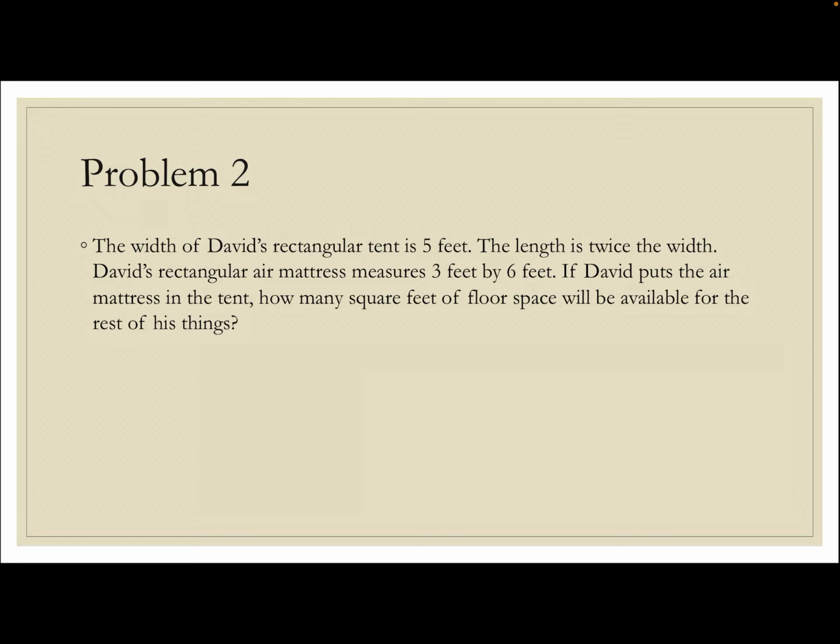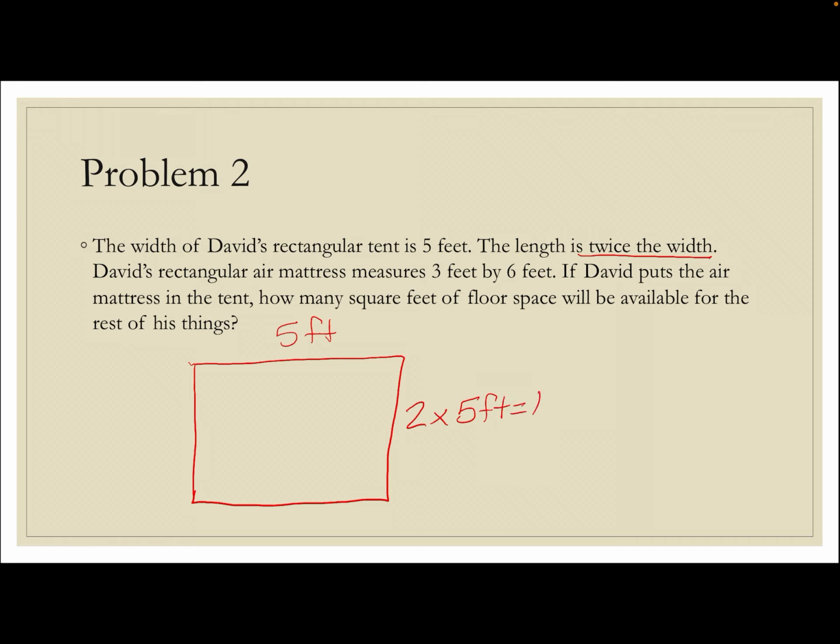All right, so we have the tent, which is rectangular. Okay, and we know that the width is 5 feet. And the length is twice that because it says twice the width. So 2 times 5 feet, which equals 10 feet.